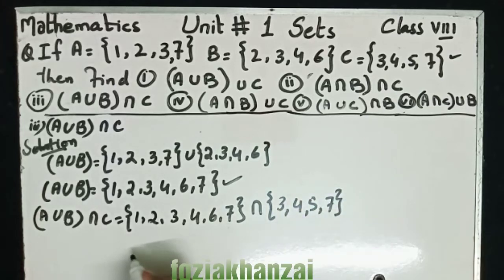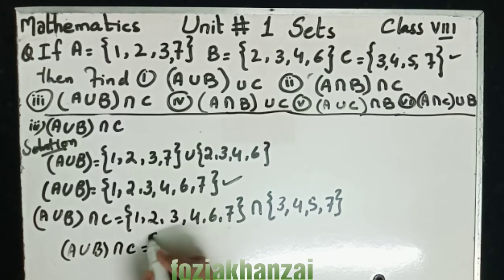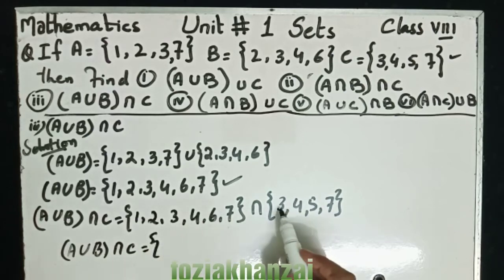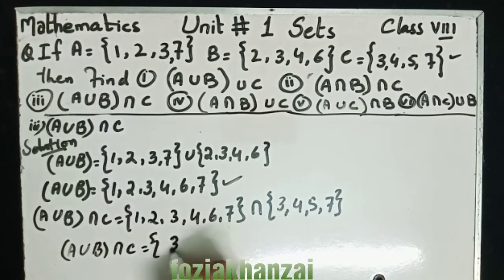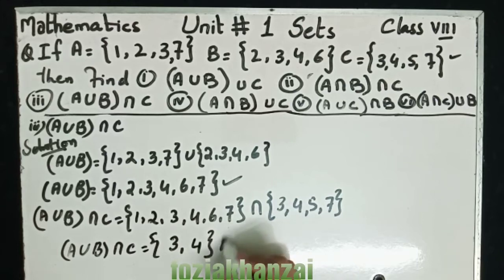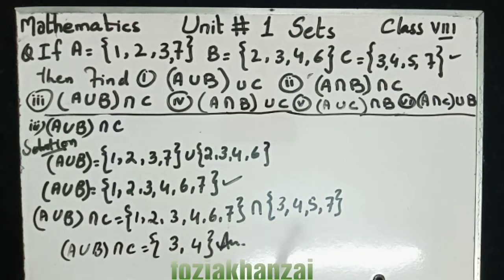Now we find the intersection, so we take out the common elements. The common elements are 3 and 4. So 3, 4 is the answer of the third part. Correct?